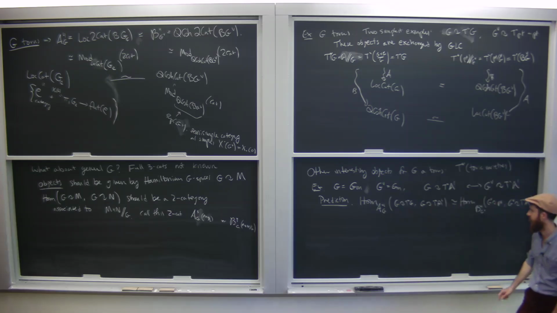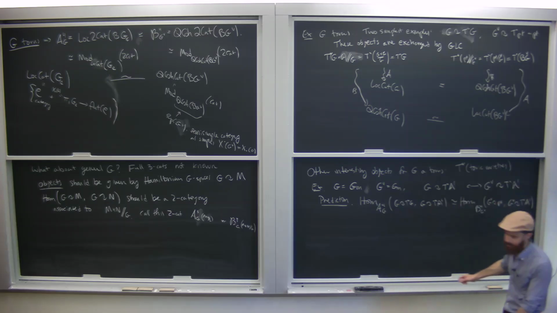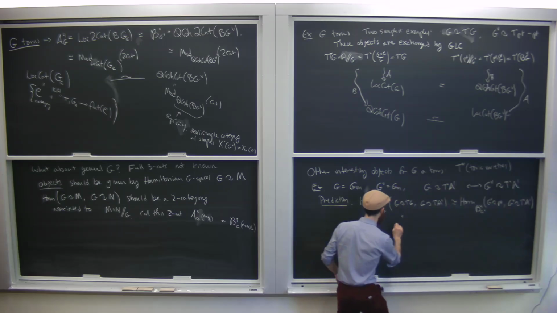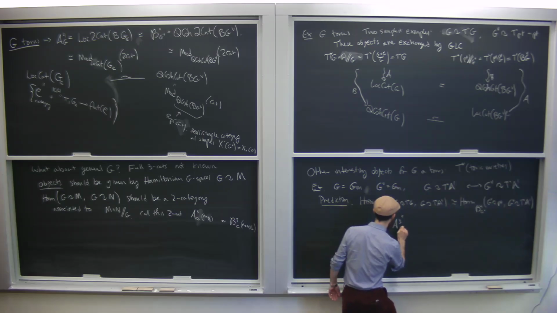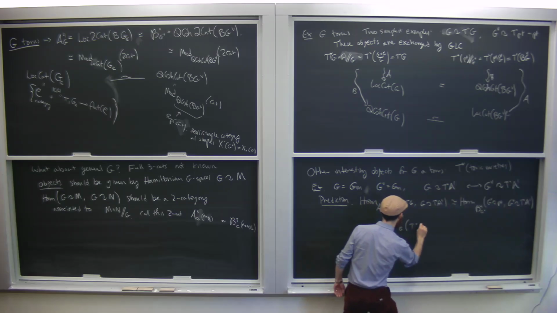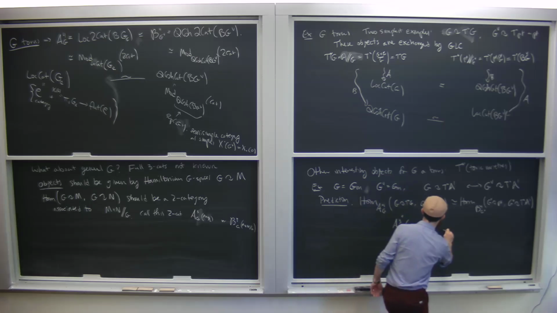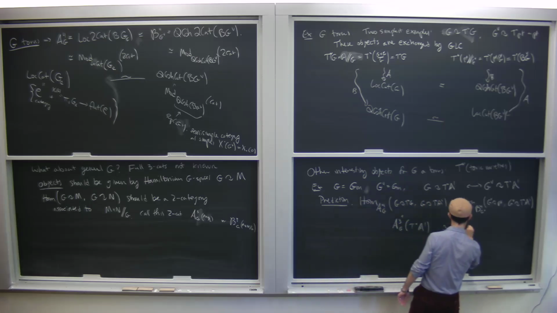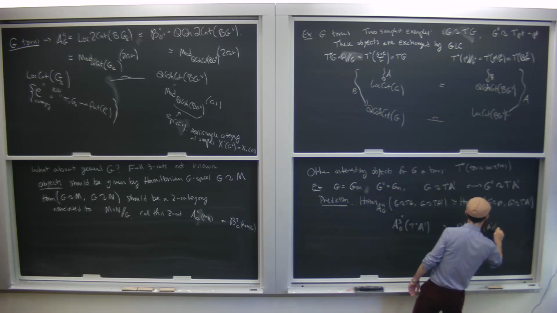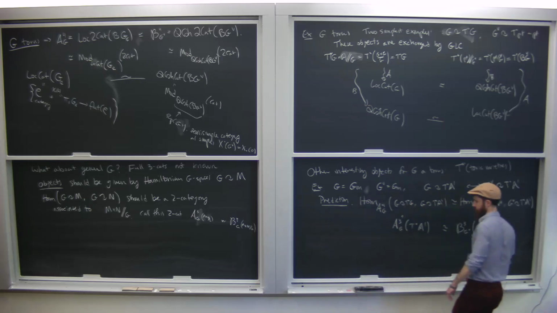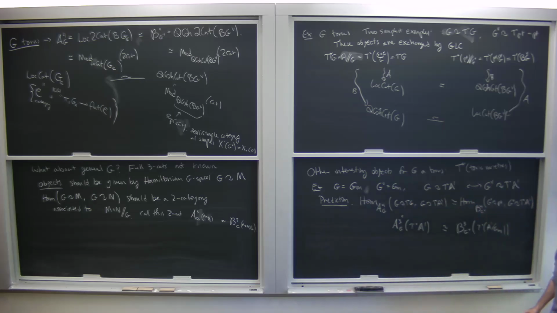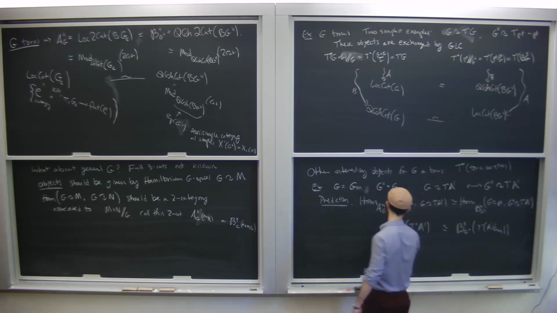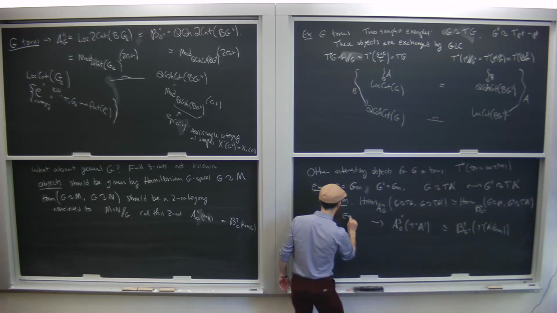So this is going to predict an equivalence between my A3 category, A3G of T star A1, and my B3G check of T star A1 mod G_m. And this is supposed to be some equivalence of two categories.